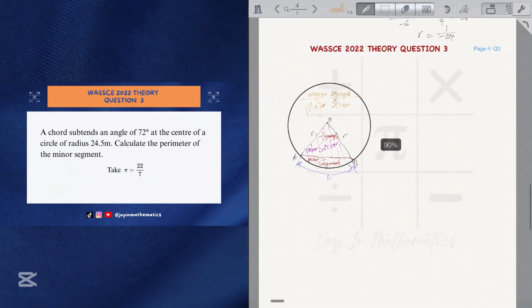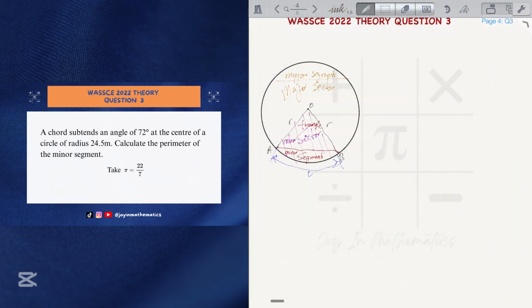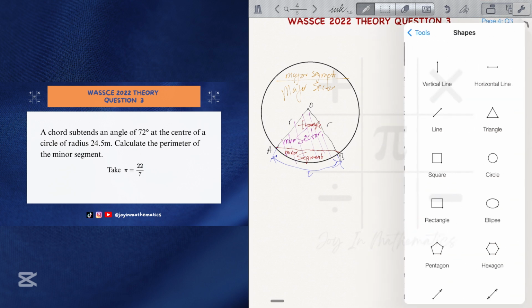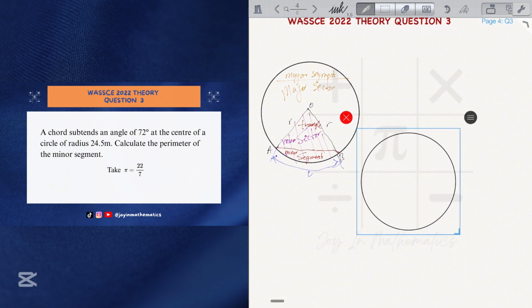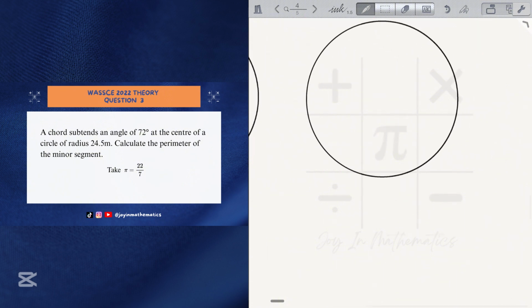So now let's go back to the question and see what we have. The question is about a circle, so let's insert the shape again. We are saying that we have a chord, let's call it AB, that subtends an angle of 72 degrees at the center.